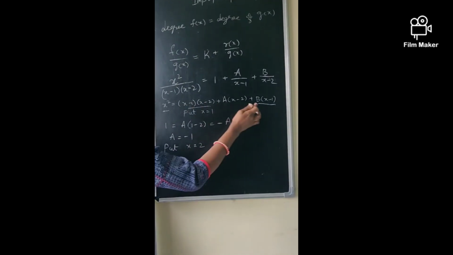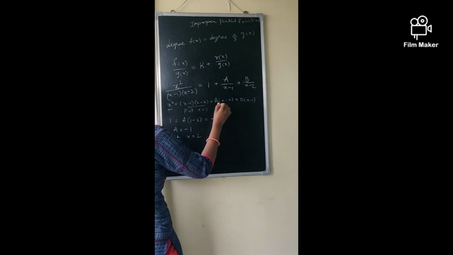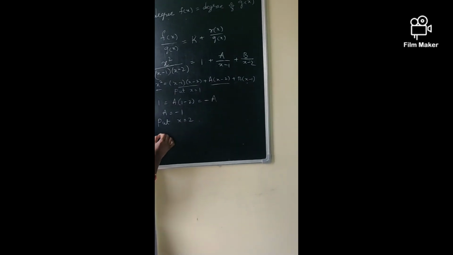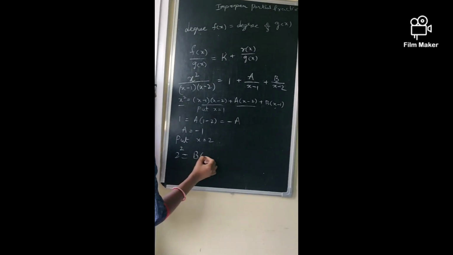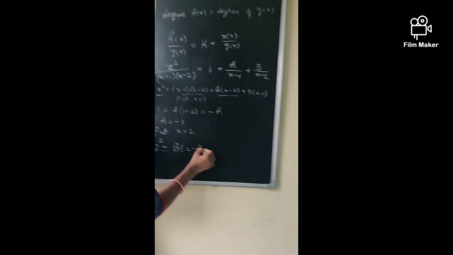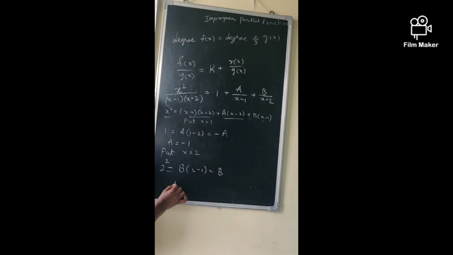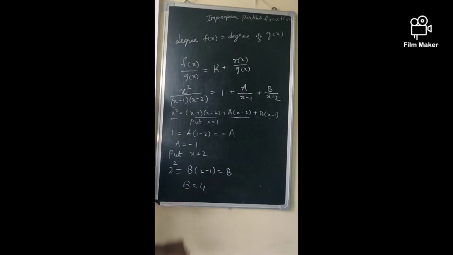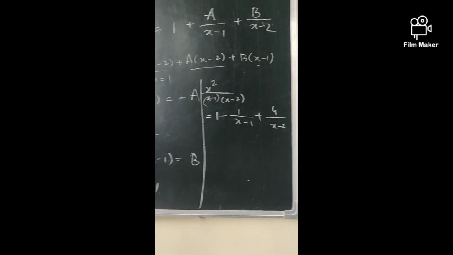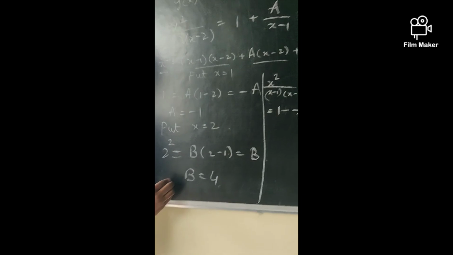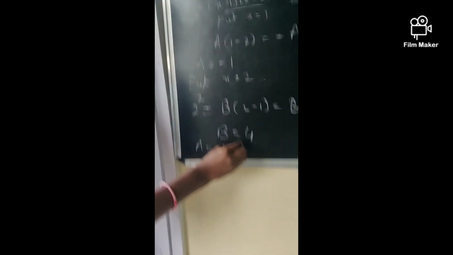This will be cancelled and this will be cancelled. We remain here 2 square is equal to b into 2 minus 1, that is b. So b value is 4. So a value is minus 1, b value is 4.